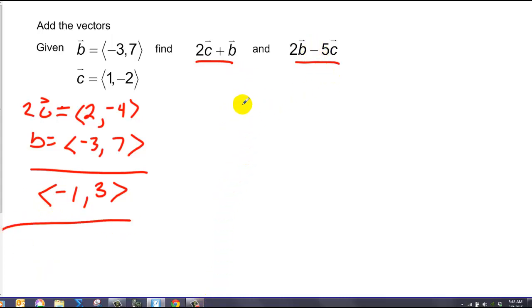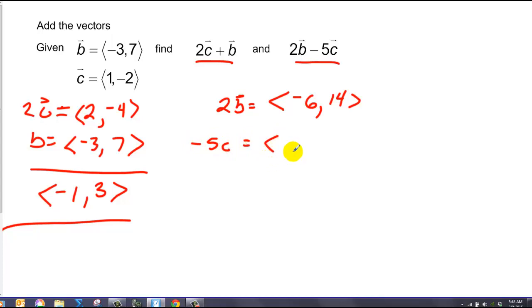So then on the next one, we'll take a look at 2b. And that's equivalent to multiplying 2 times the components of the b term. So 2 times negative 3 is negative 6. 2 times 7 is 14. And then when I subtract, it's the same as multiplying by the negative and adding. So I'm going to look at negative 5c.